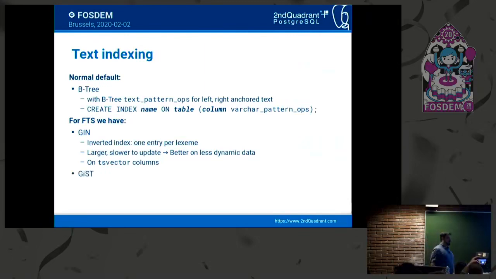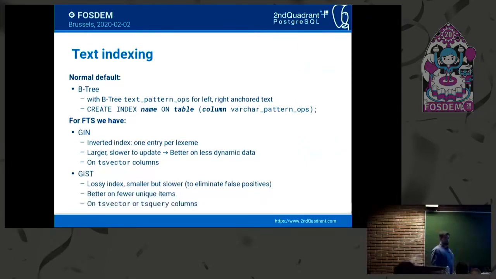We also have GIST, the generalized search tree index, that is lossy. It is going to be smaller on the same data set, but it is also going to be slower because as a lossy index, it produces false positives. And in order to eliminate those false positives, Postgres has to go back to the row and actually determine whether the row is a useful result or not.